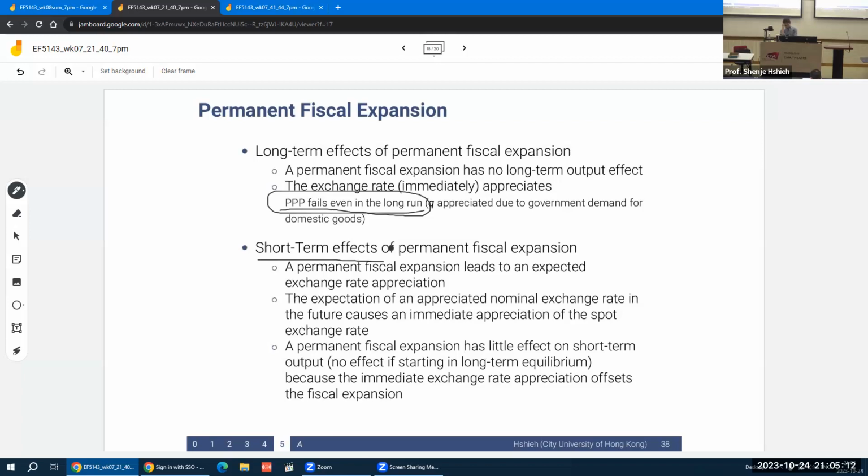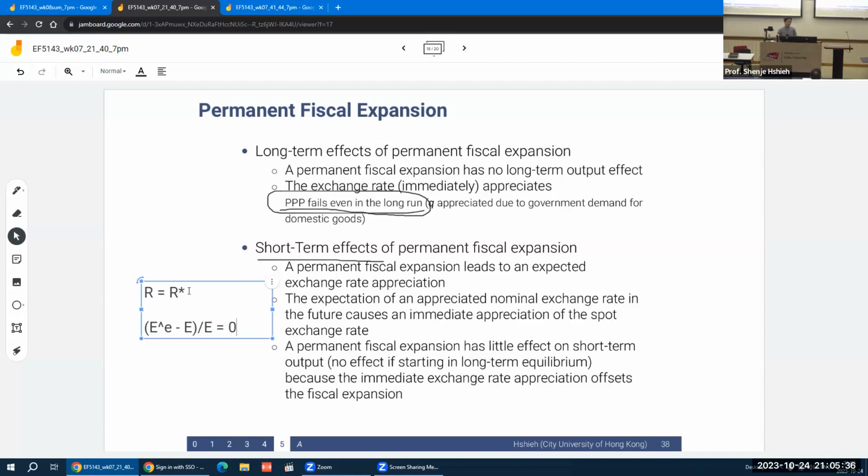Okay, so short-term effects and long-term effects are basically the same, as I will show you in a very special case. I want to talk about a special case because I want to show you the case in which the entire output is wiped out. This requires a scenario in which R equals R star, in other words, (E^e minus E) over E is equal to 0.